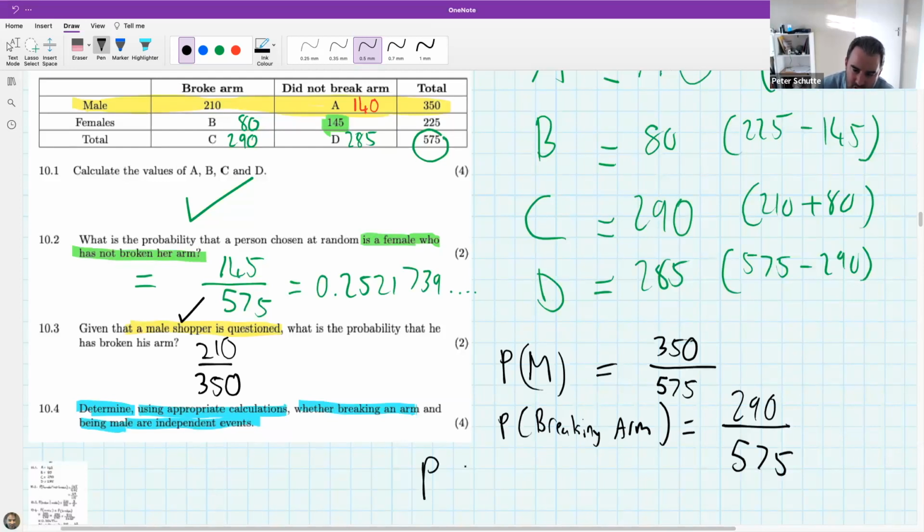Okay, now I need to work out a third one. What do you think is going to be inside this third bracket? I've done two parts, but there's a third part that I need to check. What am I going to write in this bracket here? So it's going to be male and having had a broken arm.